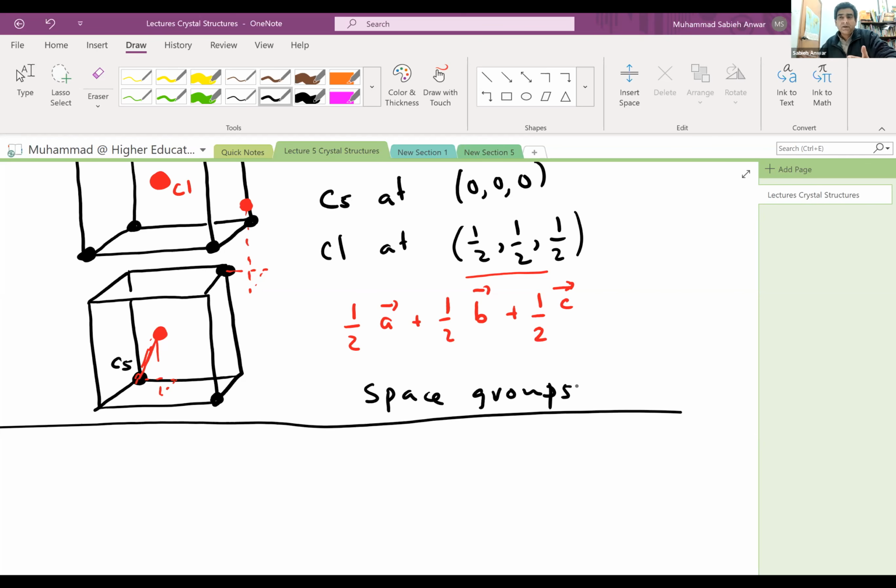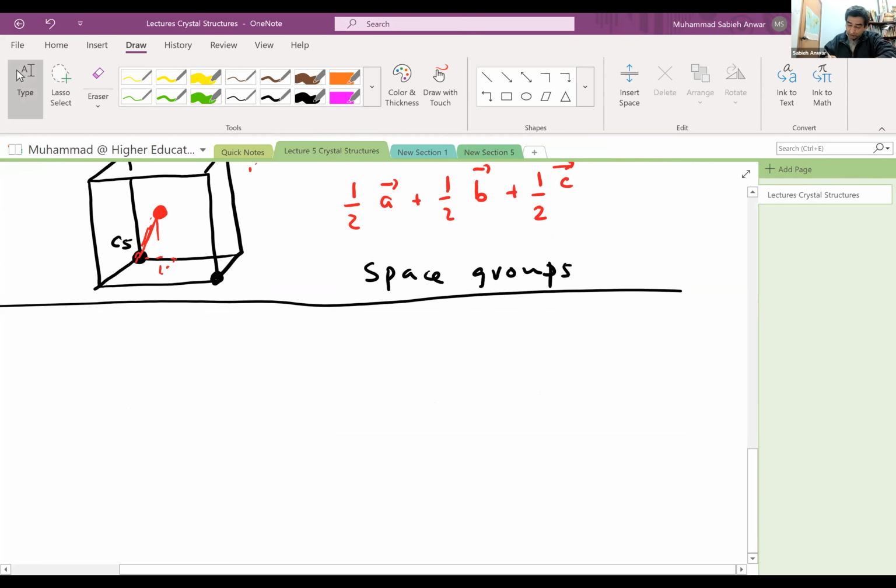But the alternative description is to look at these crystal structures in the language of space groups. Both of these structures that I've drawn belong to a space group whose international symbol is P m 3 bar m. All right.